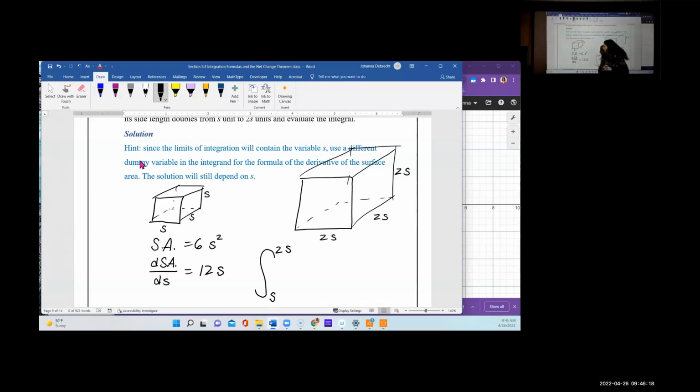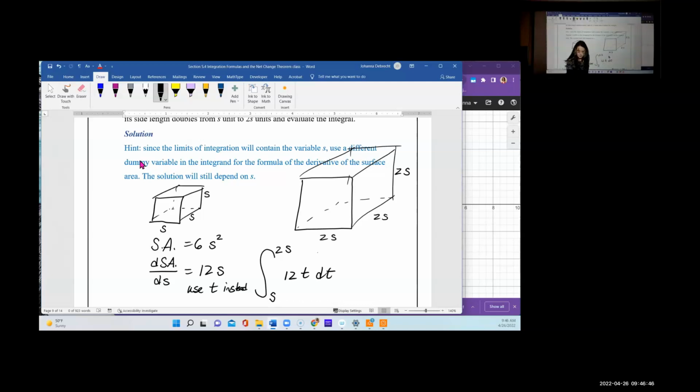The change in the side length is going from S to 2S. So because we have S in the limits of integration, we want to use a different variable in the integrand, a dummy variable. So instead of using S, use T instead. So this is going to become 12T dt.